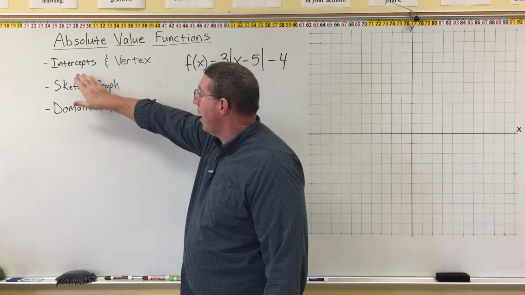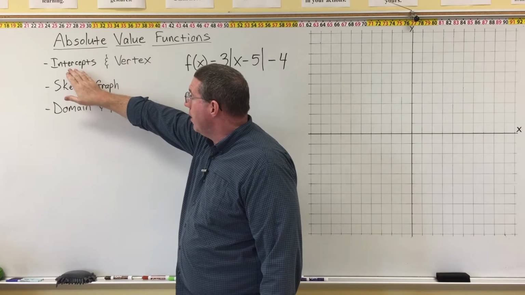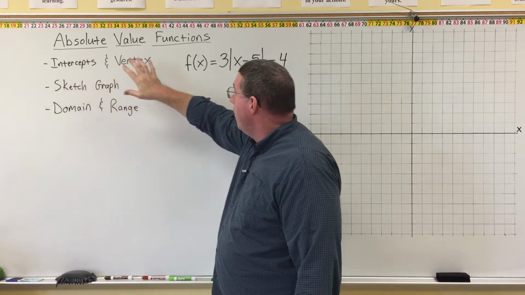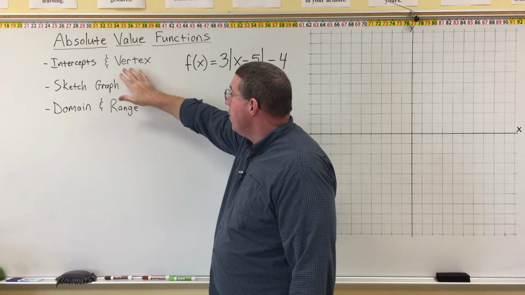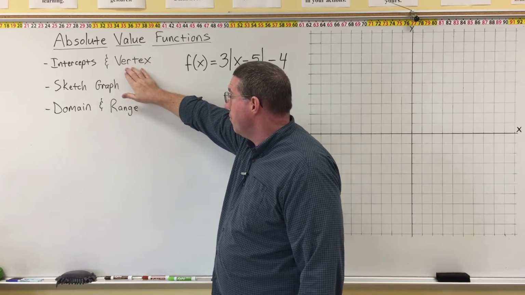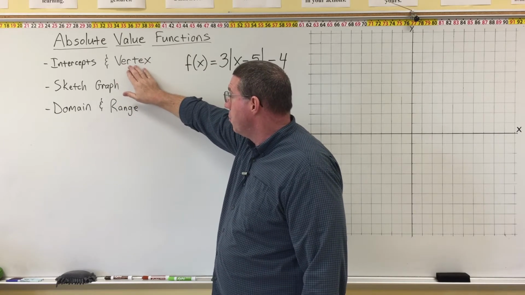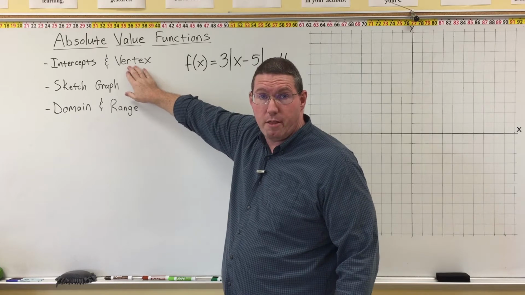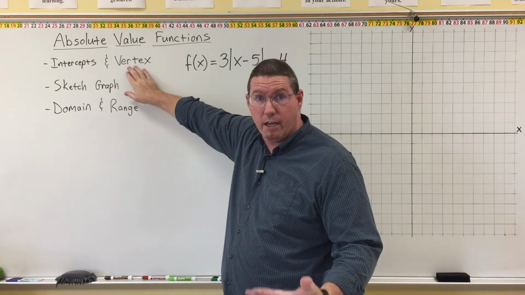We are going to try to identify the intercepts of an absolute value function, the vertex of an absolute value function, and if you recall, a vertex is something that we have in quadratic functions.